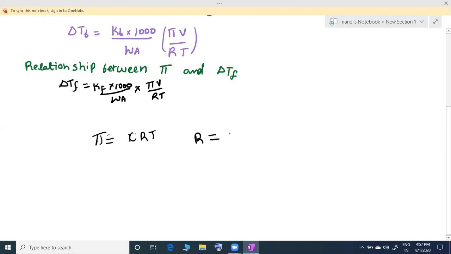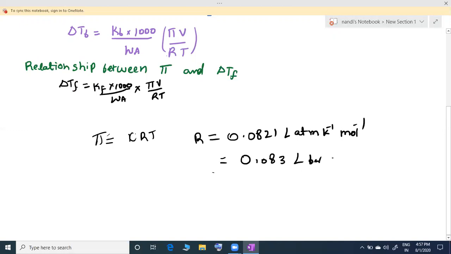That R value you have to take only as 0.0821 liter atmosphere Kelvin inverse mole inverse, or we may take 0.082 or 0.083 liter bar Kelvin inverse mole inverse. So you have to take the R values in liter atmosphere, or maybe ml also you can take. This is the possibility.